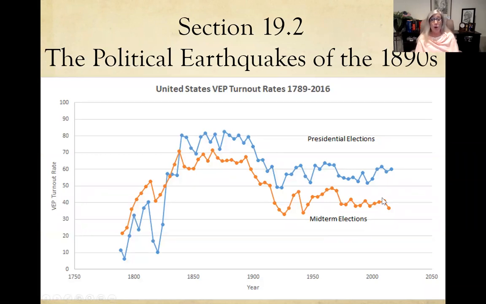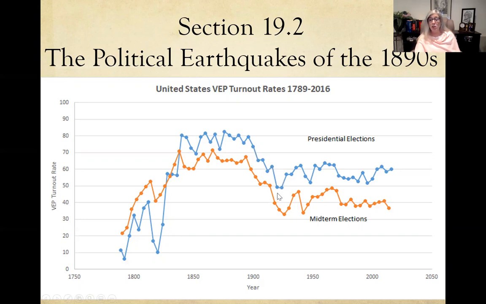All right. So once we've got this new party, now we need to start seeing how this plays out. So the 1890s are going to be fairly messy in terms of politics. But we have more people than ever before who are voting in presidential elections. But then look what starts to happen. After we get to 1900, things begin to decline.